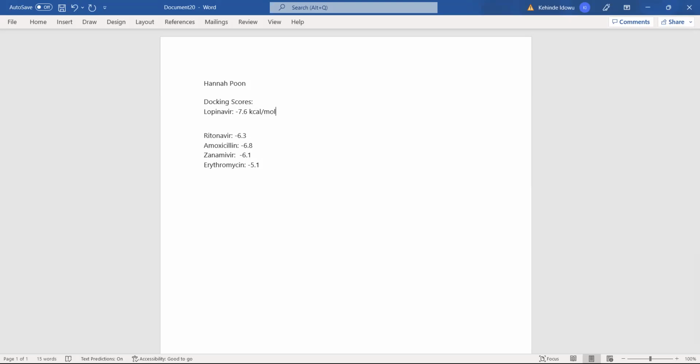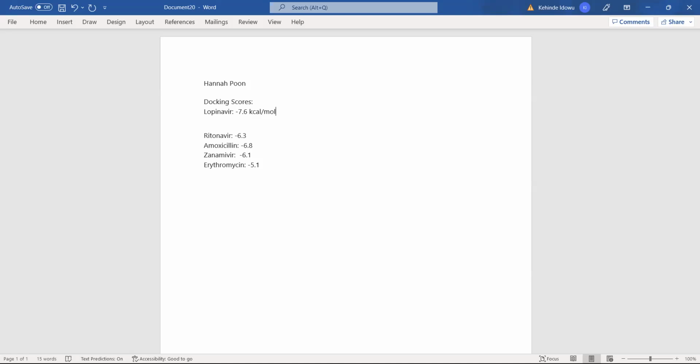And this is Anna's example. Anna got minus 7.6 docking score for lopinavir. Now, that's the reference drug. For the tested drugs now, ritonavir minus 6.3, amoxicillin minus 6.8, zanamivir minus 6.1, erythromycin minus 5.1, right?